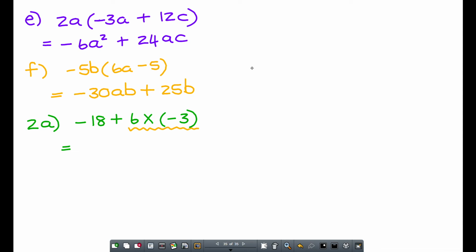So the minus 18 stays the same. And then 6 times minus 3 would give me minus 18. So this plus will become minus 18. You guys understand that?